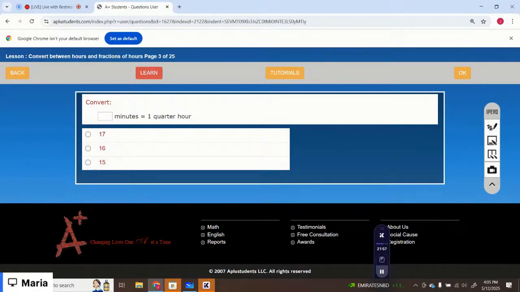So 1 quarter hour equals 15 minutes. The correct option is 15. Option number 3 is the correct option.